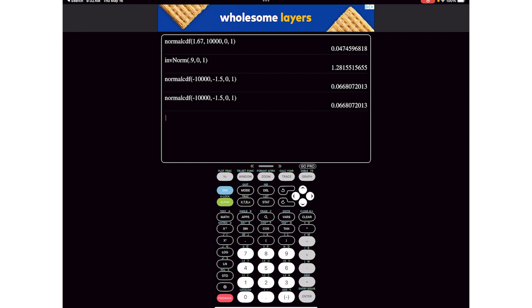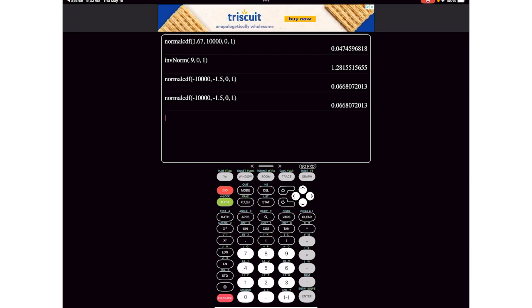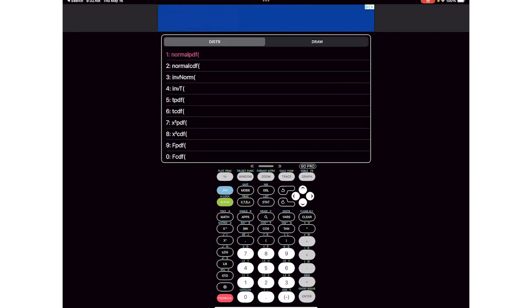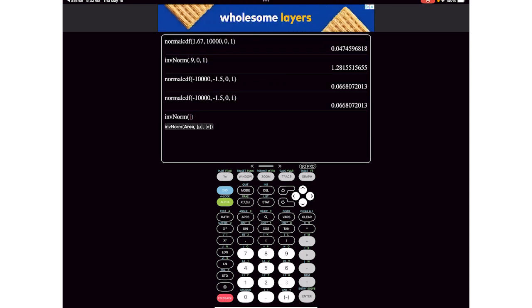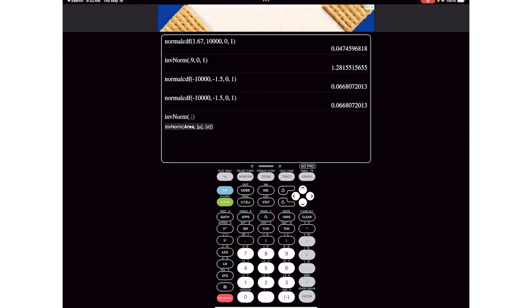So we access it at the same place we get normal CDF. You go to second vars, and this time we're going to pick number 3. And again, my area is 0.04. Remember to put your comma, 0, comma, 1, and then enter. And you get negative 1.75.